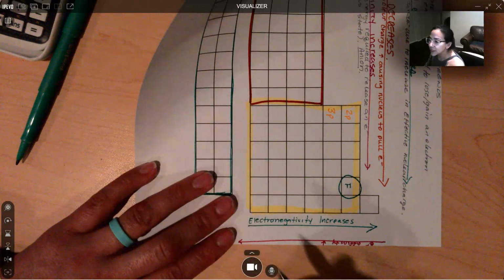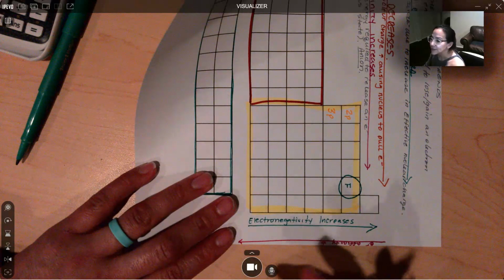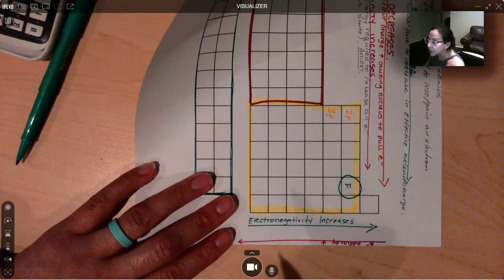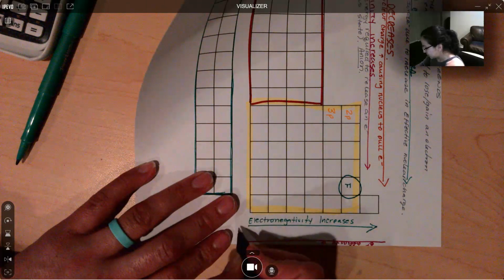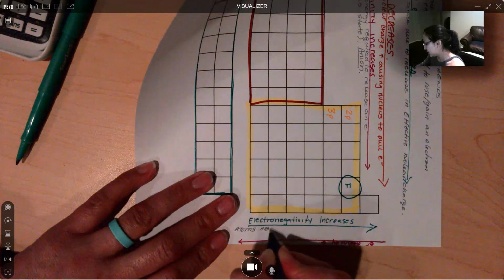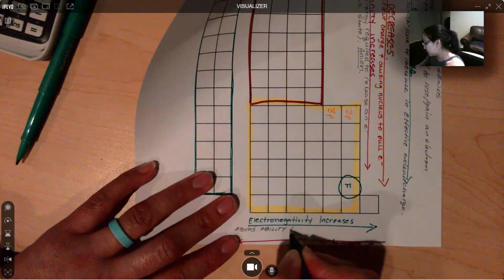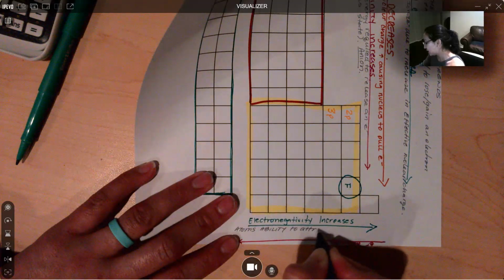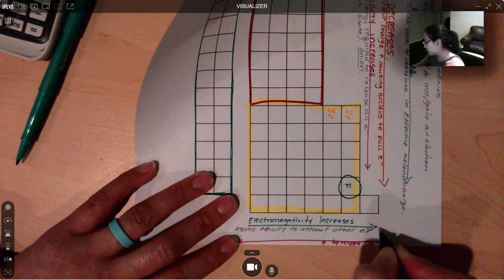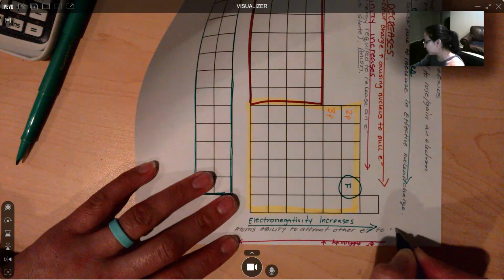And you're like, well, what's electronegativity? It is the atom's ability to attract other electrons to itself.